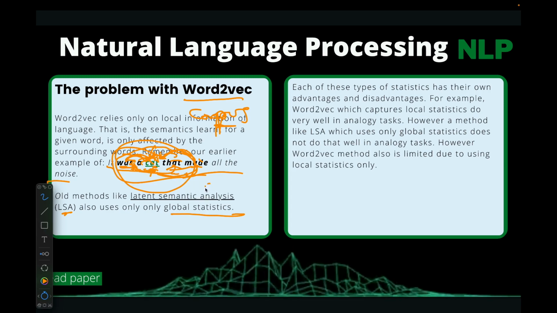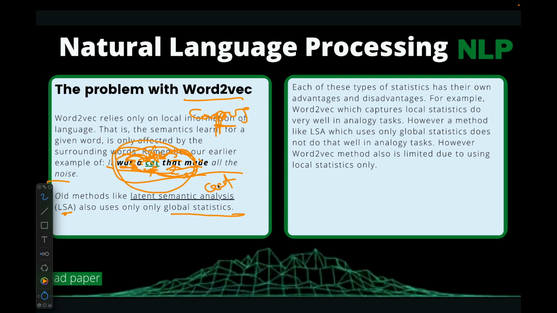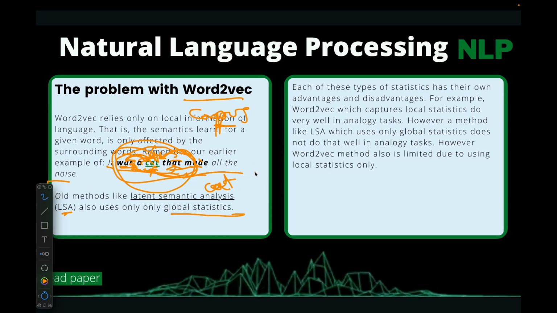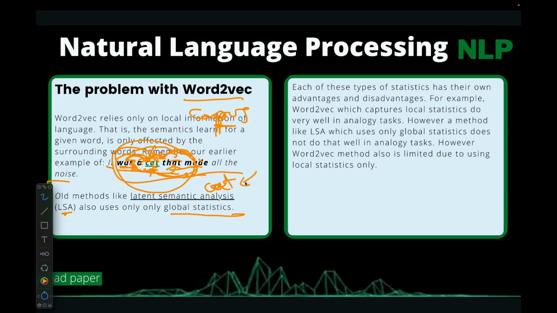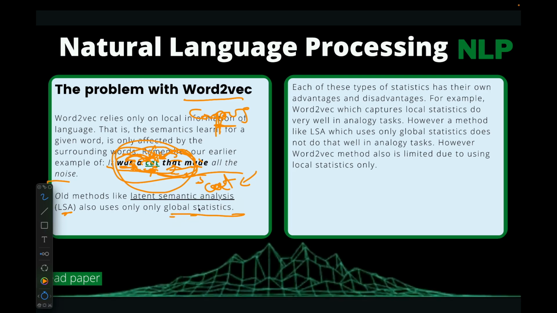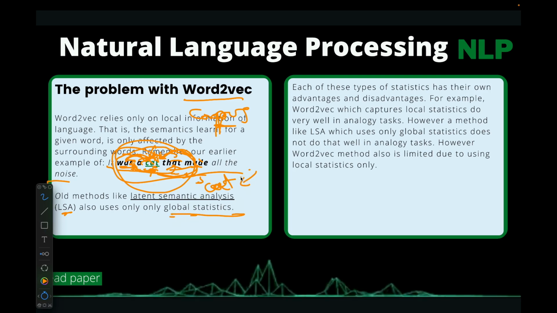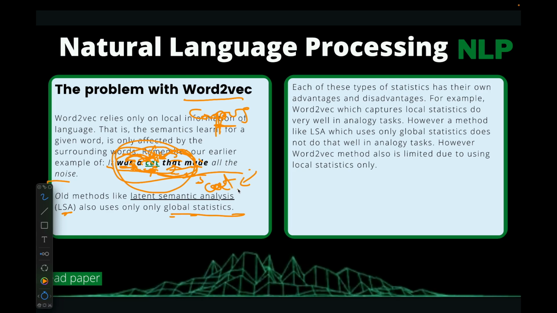So if you take the word cat and want to predict some of the words that are likely to come when the word cat appears, it's considered in the global statistics, but does not concern itself with words that are very close to the word cat.